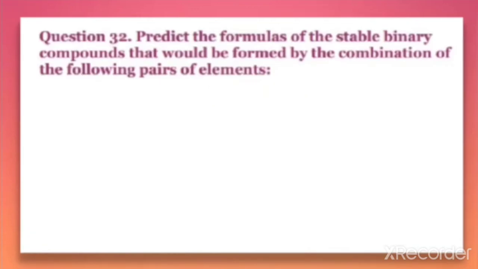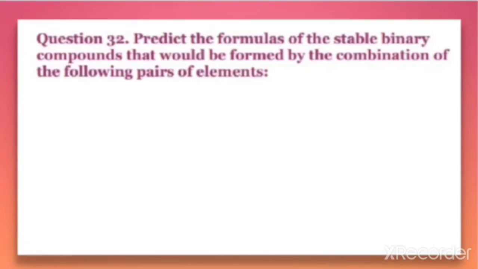Let us do some of the questions related to this concept. Predict the formulas of the binary compounds that would be formed by the combination of the following pairs of elements. First one, lithium and oxygen. We have to predict the formula of the stable binary compound from these elements.